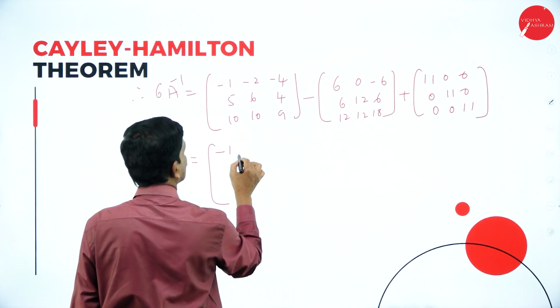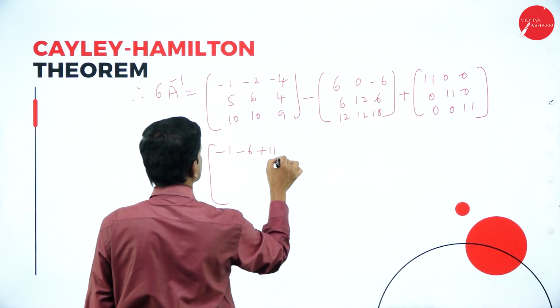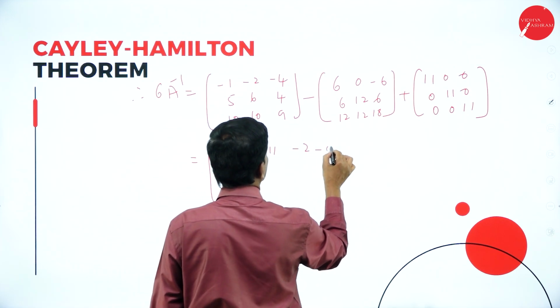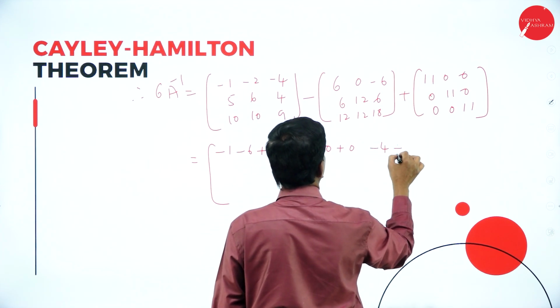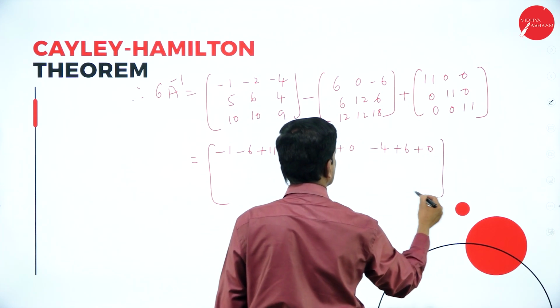This is equal to minus 1 minus 6 plus 11, minus 2 minus 0 plus 0, minus 4 minus 6 plus 0.